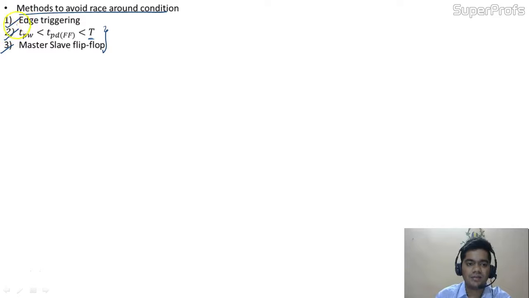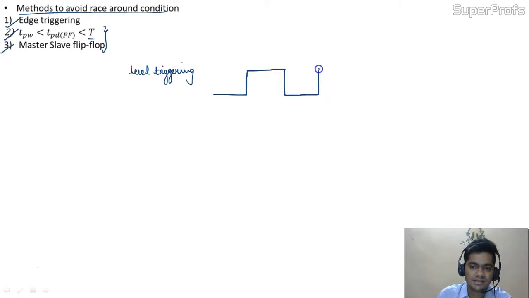So why are we able to rectify or avoid a race around condition in edge triggering? To understand this, first we are going to see the clock pulse in level triggering and what the difference is in edge triggering. So this is the clock pulse for the flip-flop. To compare, we are making one more clock pulse like this.